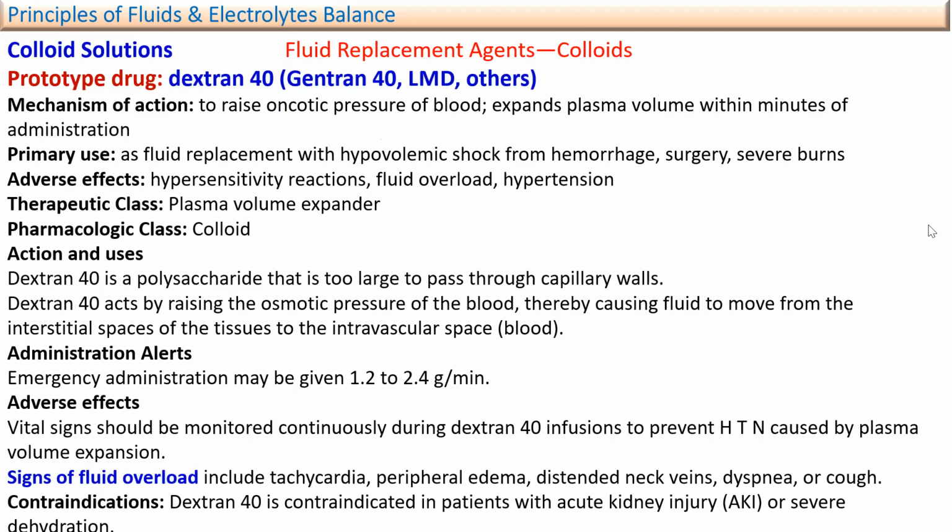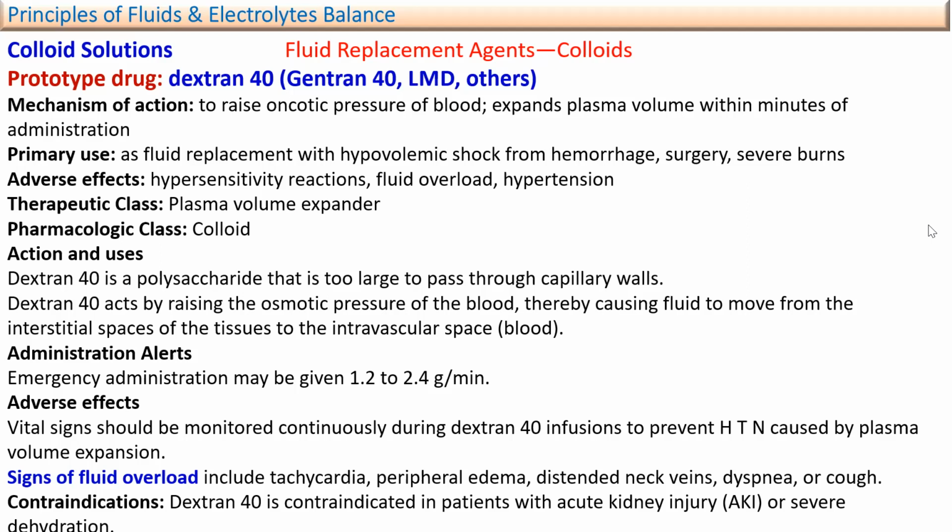The colloid solutions are molecules too large to easily cross the capillary membrane, so they stay in the intravascular space and rapidly expand the plasma volume. They draw water from the intracellular fluid and from the interstitial space into the plasma space, increasing the osmotic pressure in the plasma.